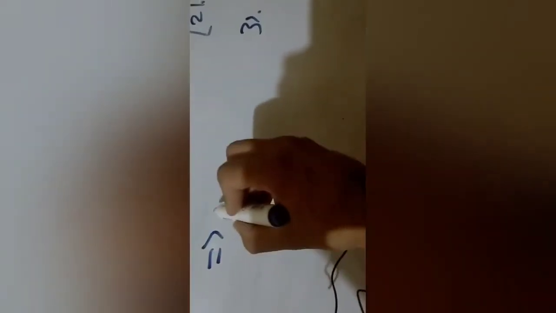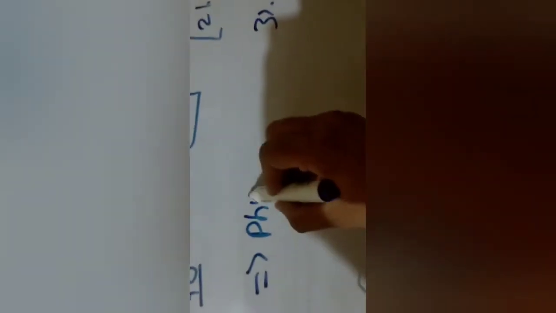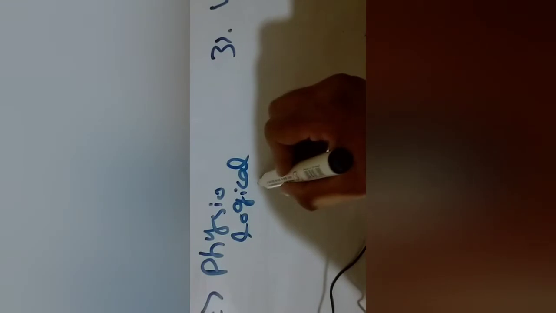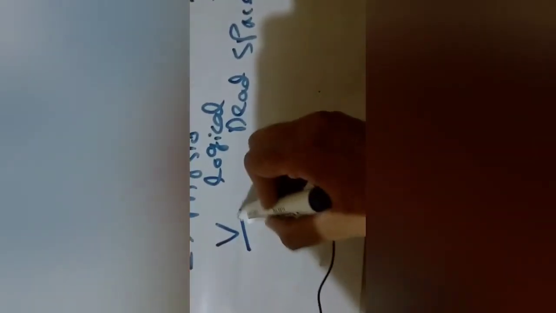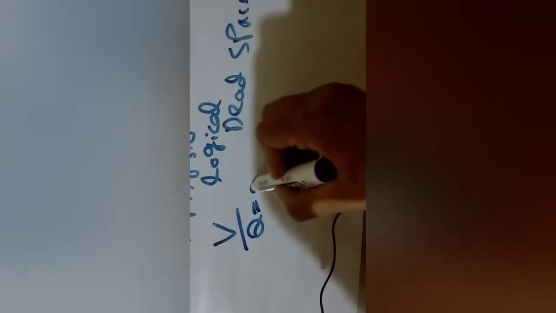Now, talking about two terms: what is the physiological dead space? Physiological dead space is when ventilation is there but perfusion is 0.